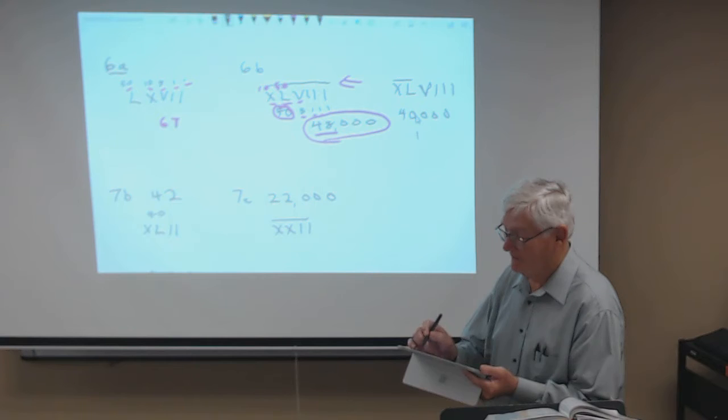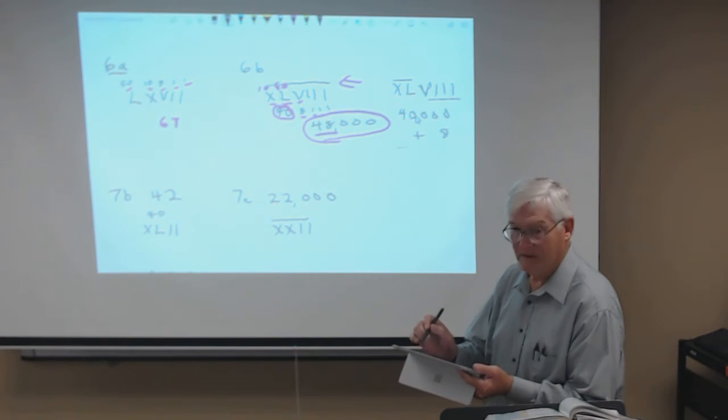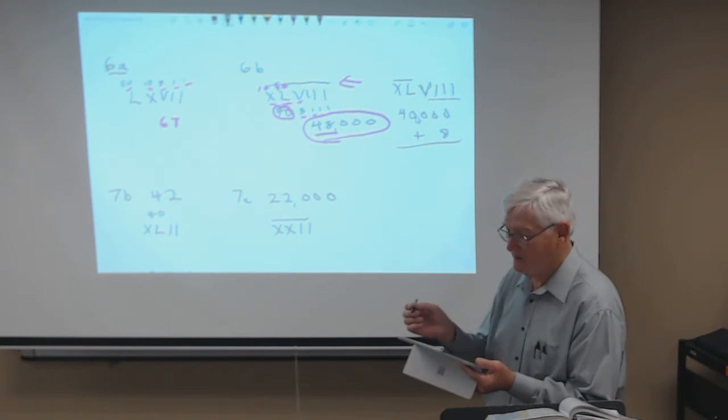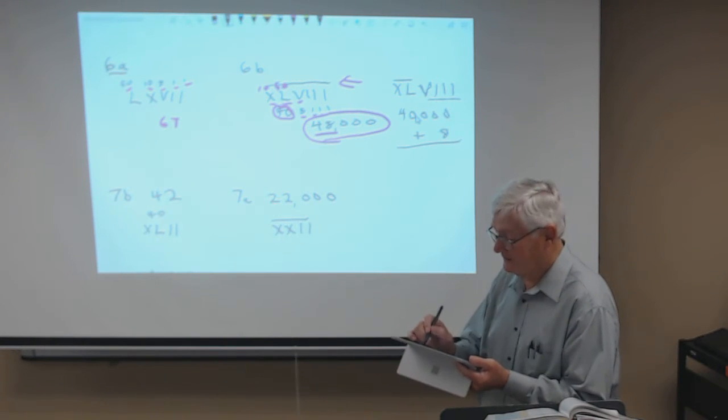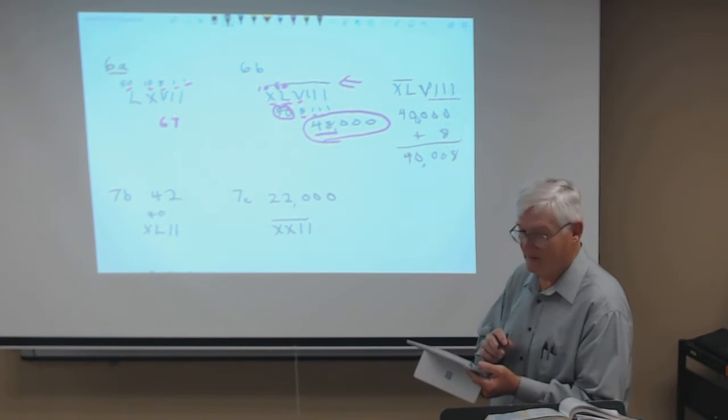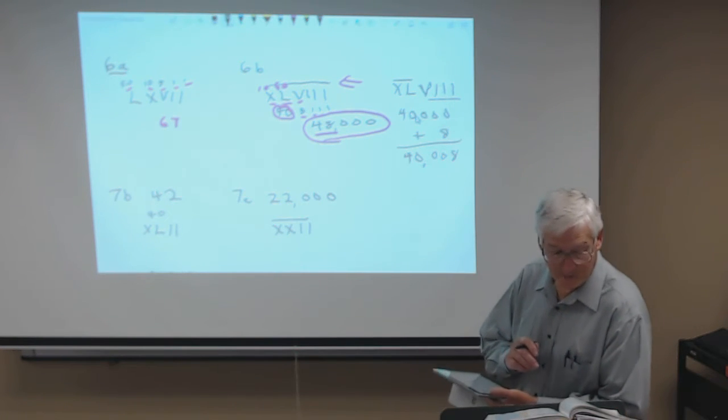And then plus what? 8. Everybody follow that? Do you see that little twist on the problem? 40,000 and 8. Any questions?